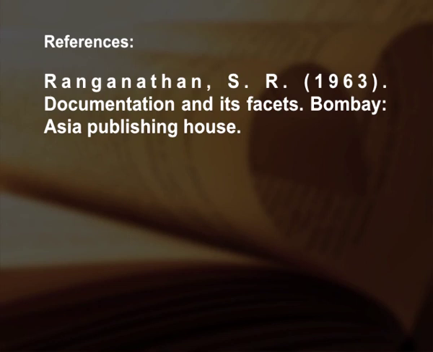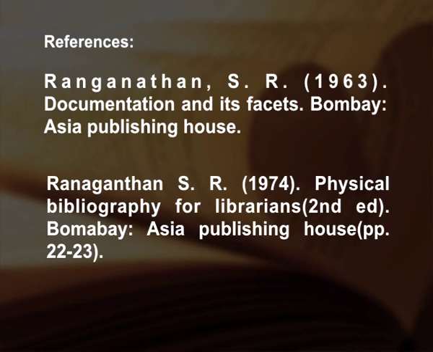Now, you may go through the reference books for further reading. Documentation and its Facets by S.R. Ranganathan, published by Asia Publishing House, Bombay. Physical Bibliography for Librarians, 2nd edition by S.R. Ranganathan, published by Asia Publishing House, Bombay.